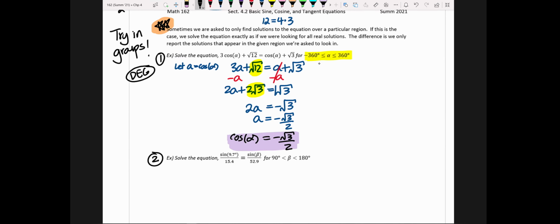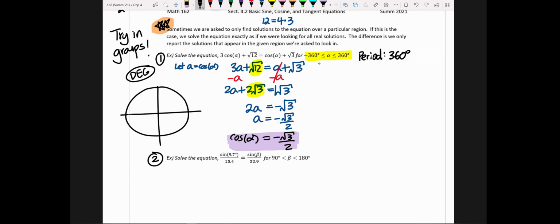So for step 2, we're going to draw out our circle. We know that the period for sine and cosine is 2 pi. But since we're in degrees, that's going to be 360 degrees. So period in degrees is 360 degrees.